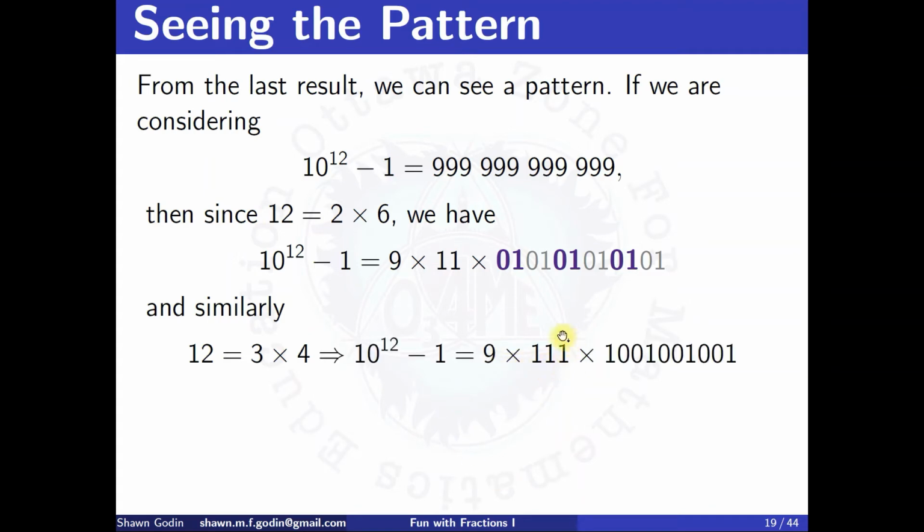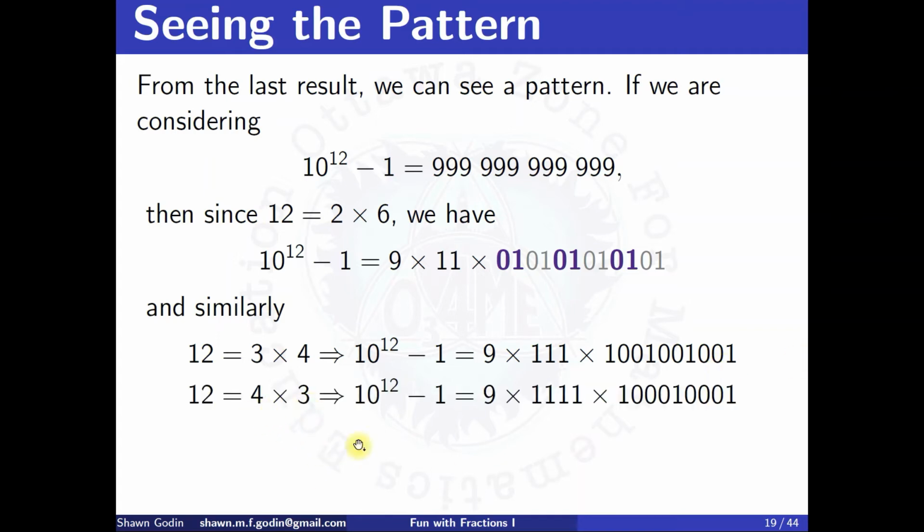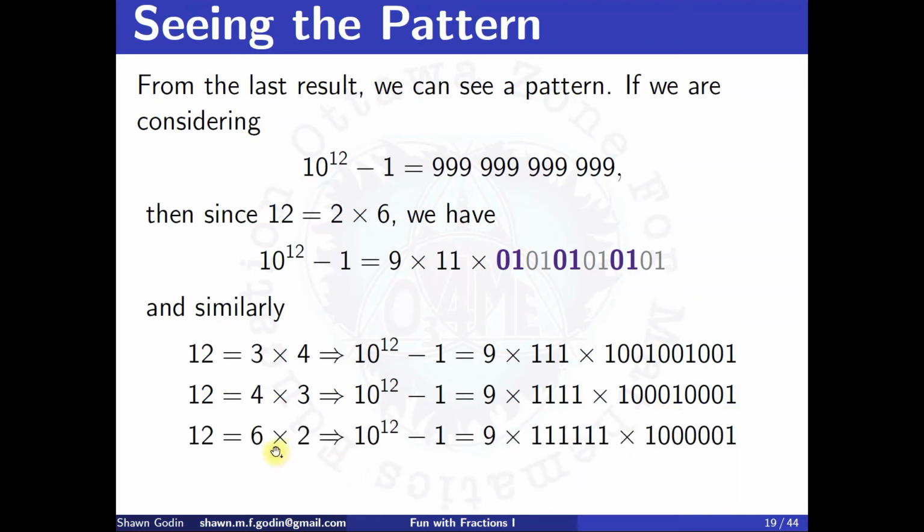I'm going to get R3 times something that's made up of 4 blocks that are 3 long. 4 times 3, I get R4 times something that's 3 blocks that are 4 long. 6 times 2, I get R6 times 2 blocks that are 6 long.